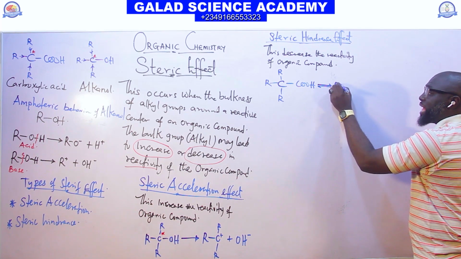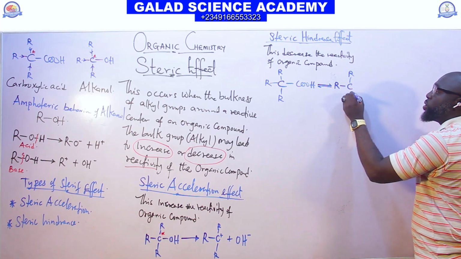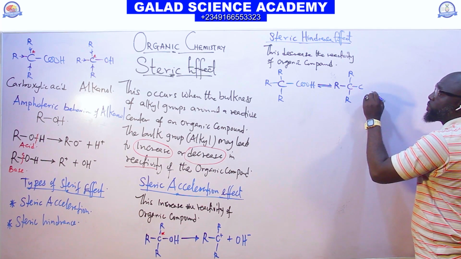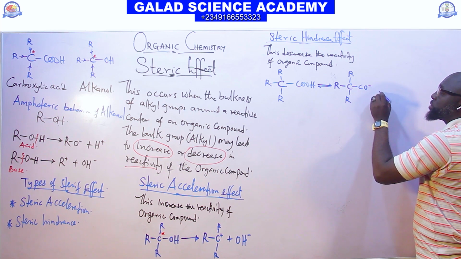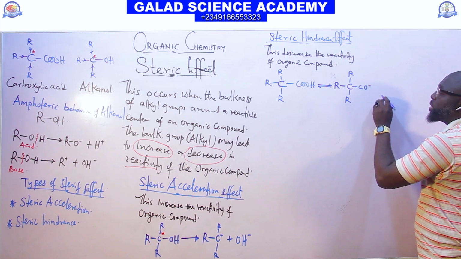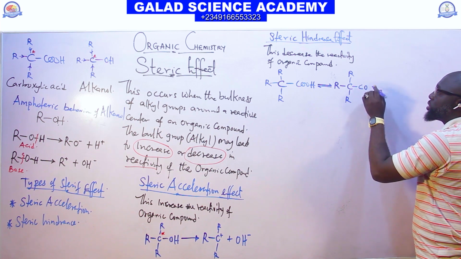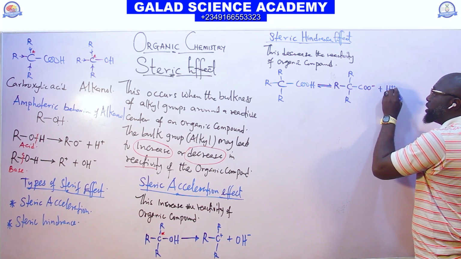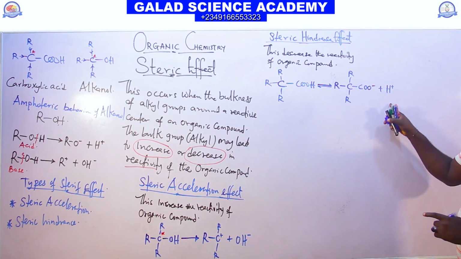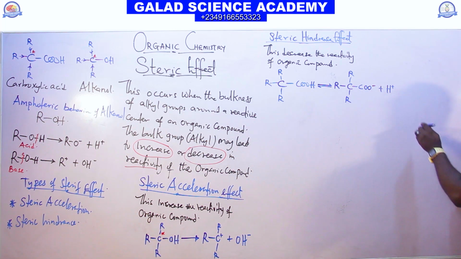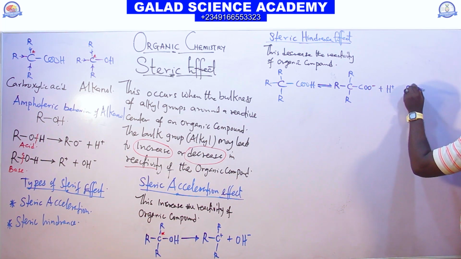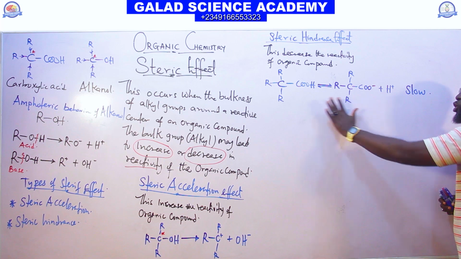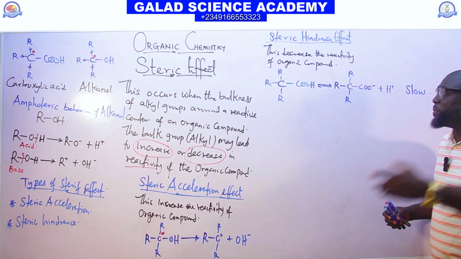So it will ionize to R-COO minus plus hydrogen ion, but the reaction will be slow. What did I say? The reaction will be slow.